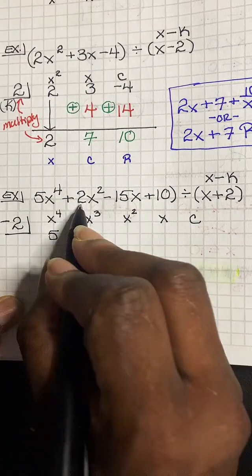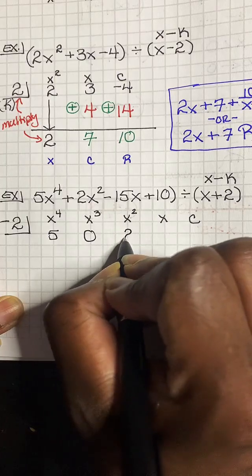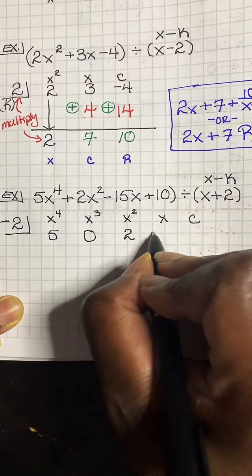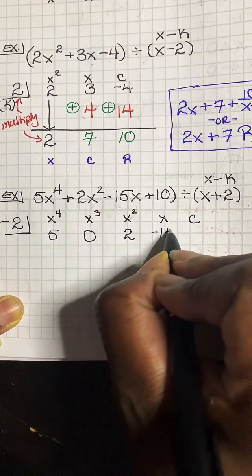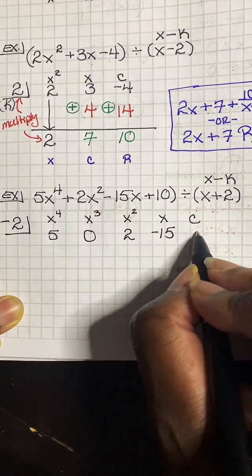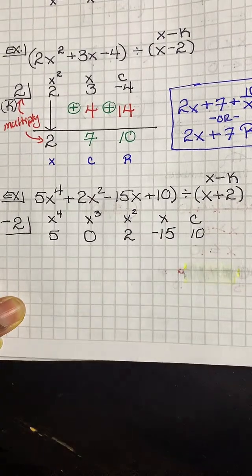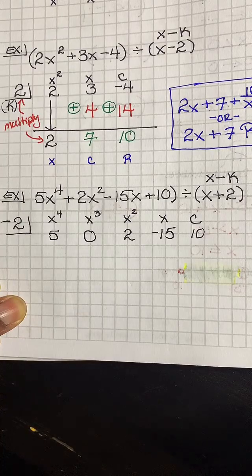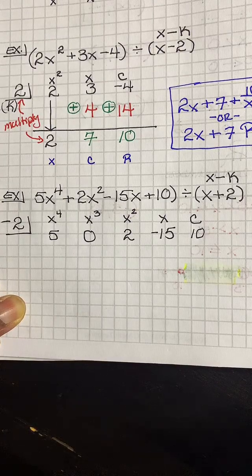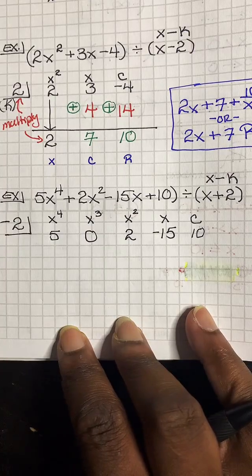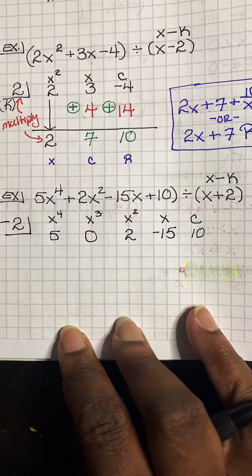X squared, coefficient is a +2. For the x, the coefficient is a -15. And for your c, which is your 10.